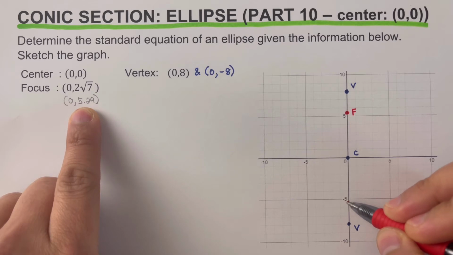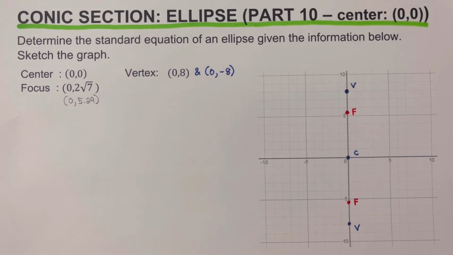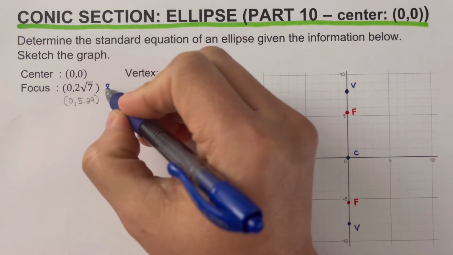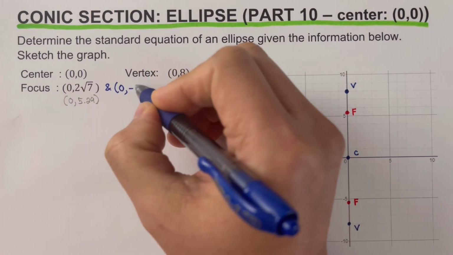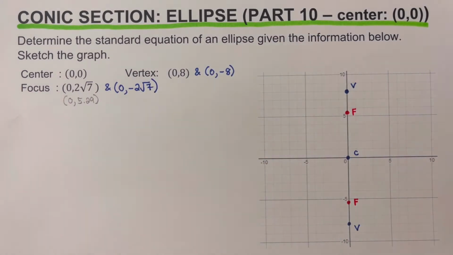So that's the other focus down here. Now, looking at this problem, we can say that the other coordinate of the focus is going to be 0 and negative 2 square root of 7. Looking at this, we can tell that our ellipse has a center of 0, 0, or at the point of origin, and this is a vertical ellipse.